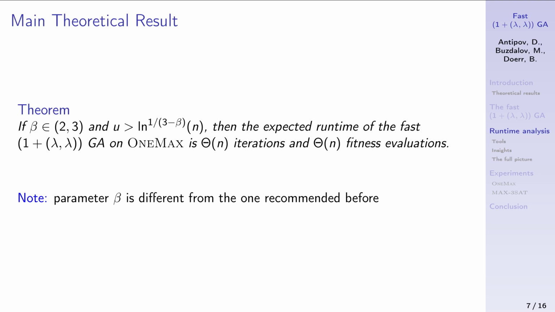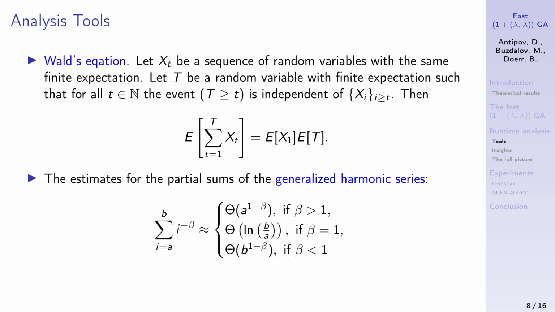Notice that here the recommendation for beta is different from the previous one for the 1 plus 1 EA on the jump k function, where it was proposed to use beta in the interval from 1 to 2. To obtain this result, we used quite a simple toolbox, namely Wald's equation and the estimates of the partial sums of the generalized harmonic series.